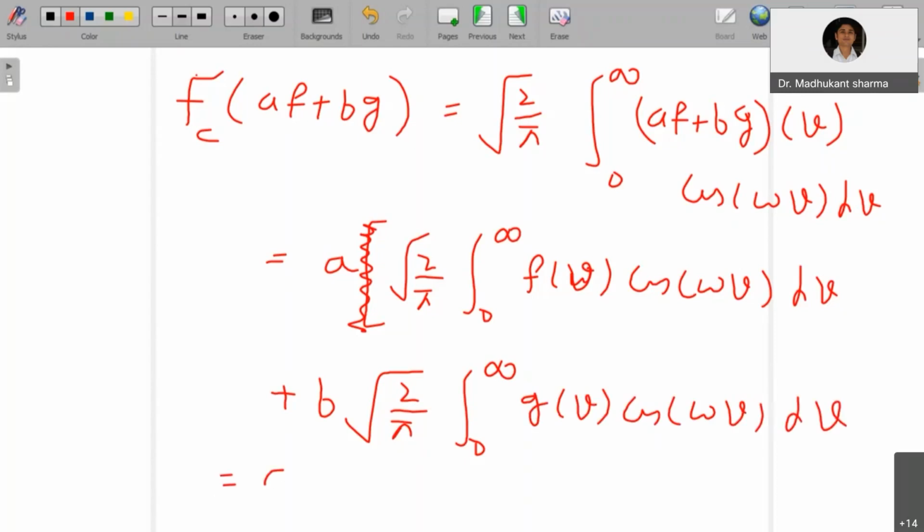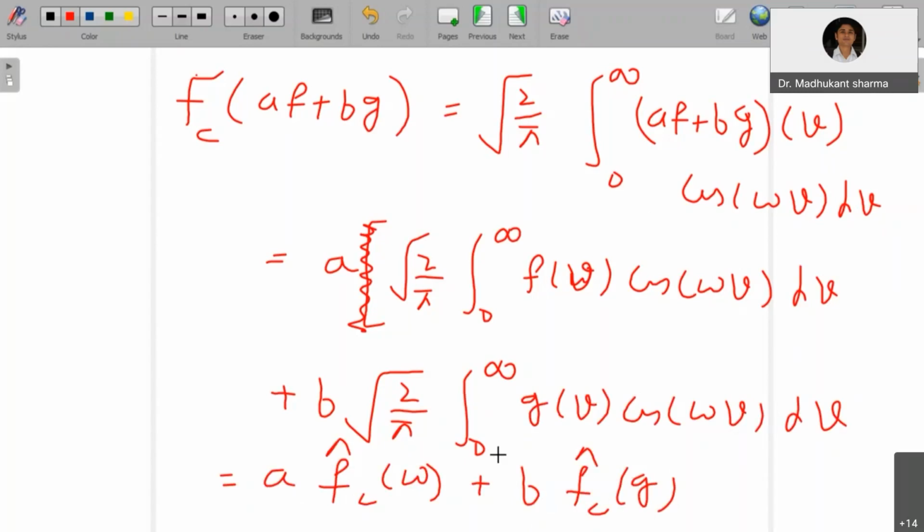This first term is the cosine transform of f, and the second is the cosine transform of g. It is similar for the sine one, so they follow the linear rule.